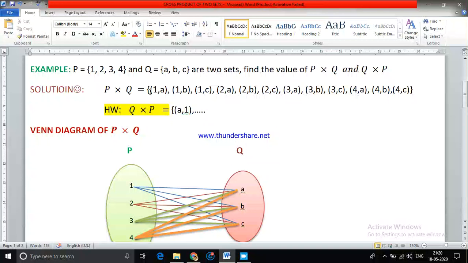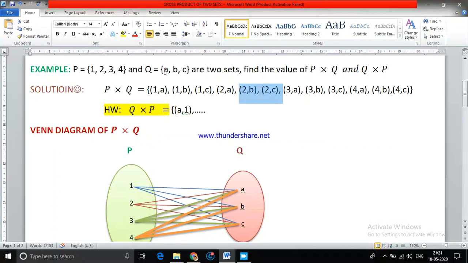They are the ordered pairs. The first ordered pair is (1, A); 1 is from P and A is from Q. My next ordered pair is (1, B); 1 is from P and B is from Q. The third ordered pair is (1, C); 1 is from P and C is from Q. Then I'll go for (2, A), the fourth ordered pair: 2 from P, A from Q. Then I'll get (2, B) and (2, C).